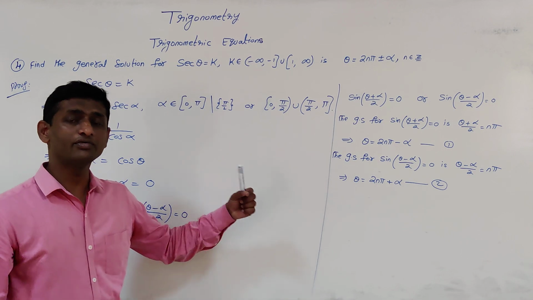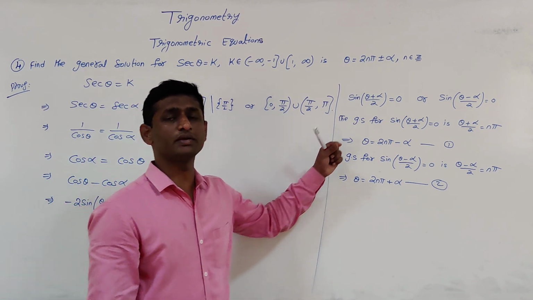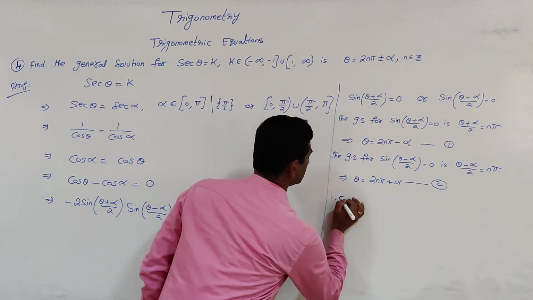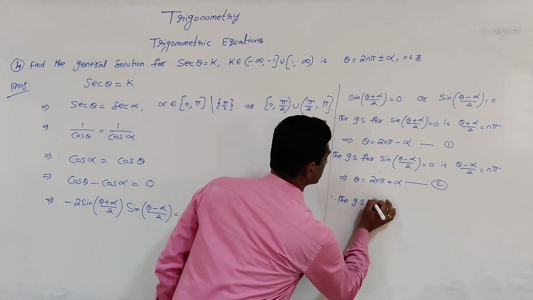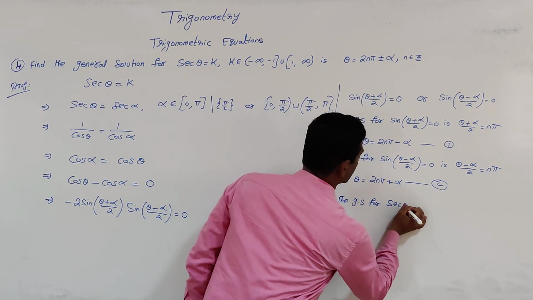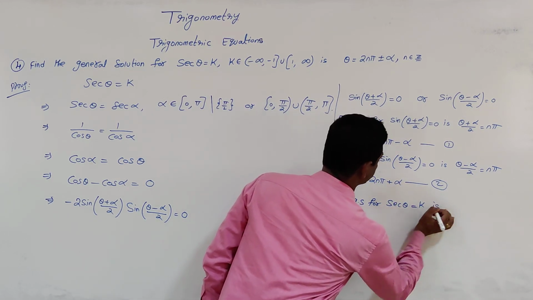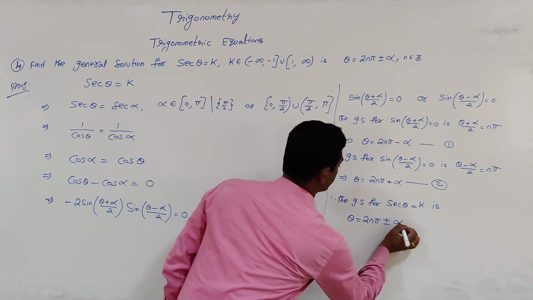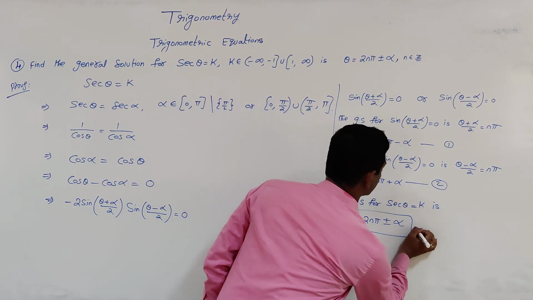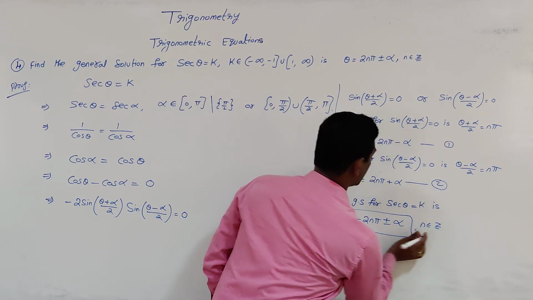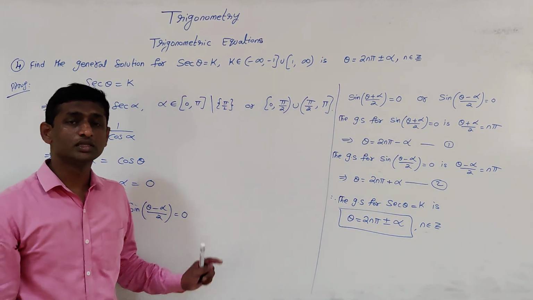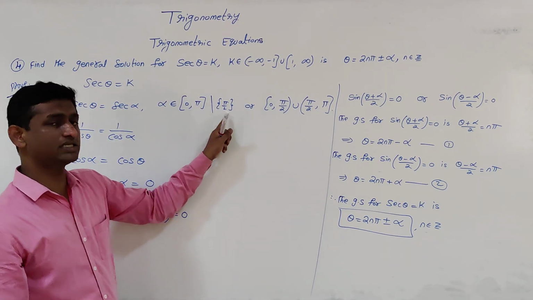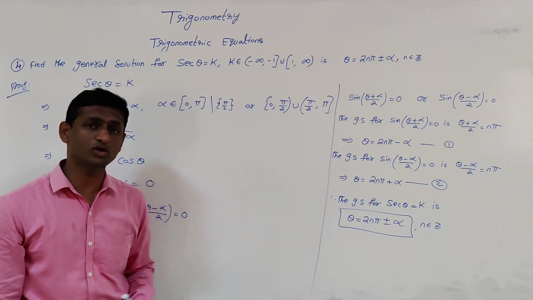So we can have the values of theta as 2n pi minus alpha or plus alpha. Therefore the general solution for secant theta is equal to k is theta is equal to 2n pi plus or minus alpha, where n belongs to Z and alpha is the principal solution that exists in the closed interval 0 comma pi, except 90 degrees, because secant 90 is not defined.